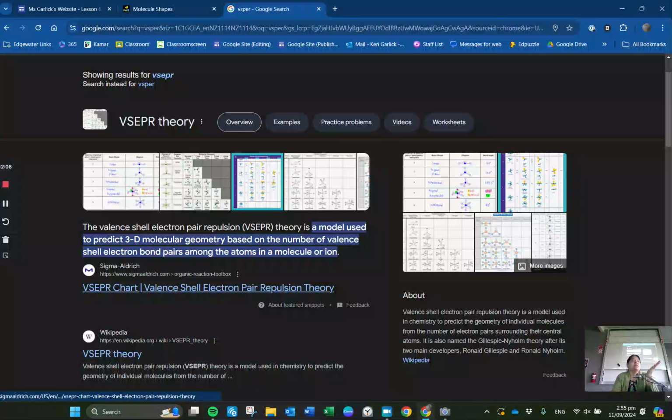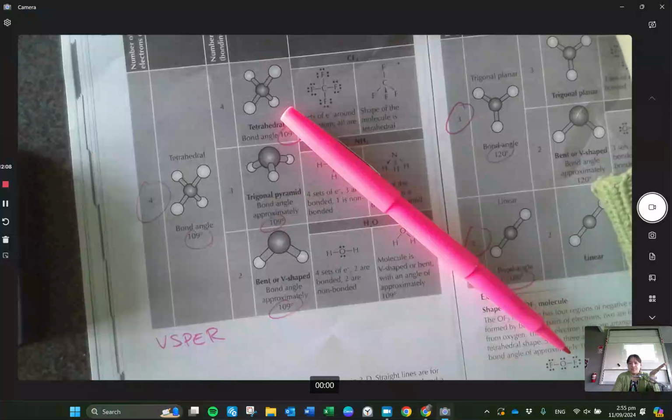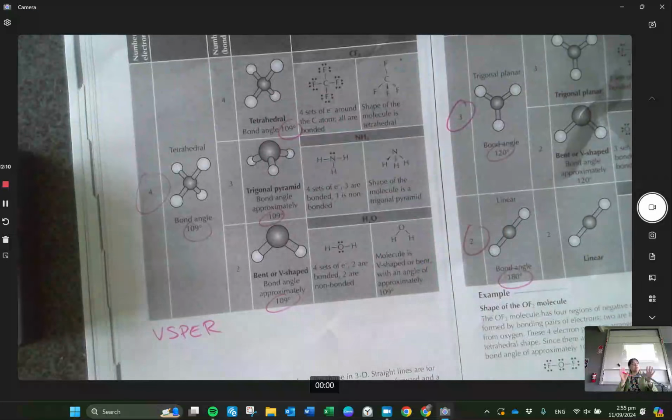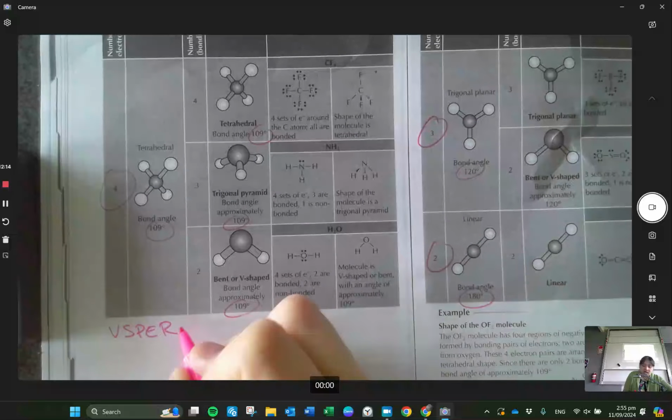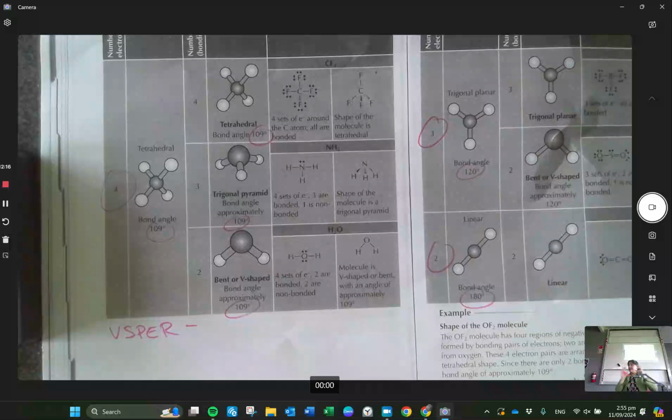What it's basically doing is trying to predict 3D shape. So with the VSEPR theory, what we're stating is that the result of the bond angle and the shape is because the regions of electron density are trying to separate for maximum distance to minimize repulsion.